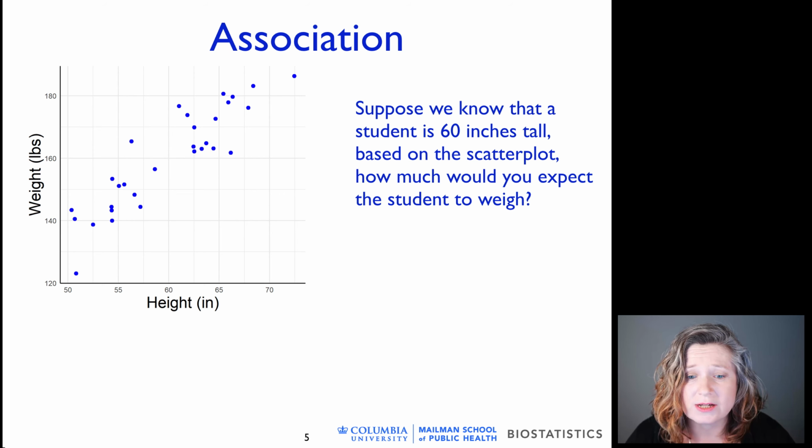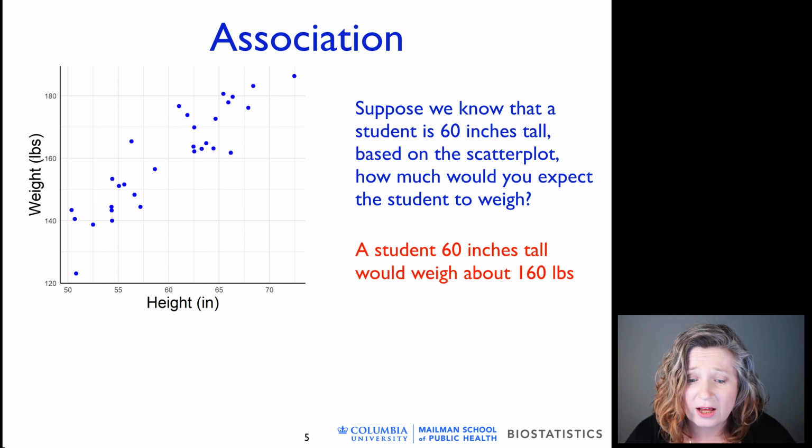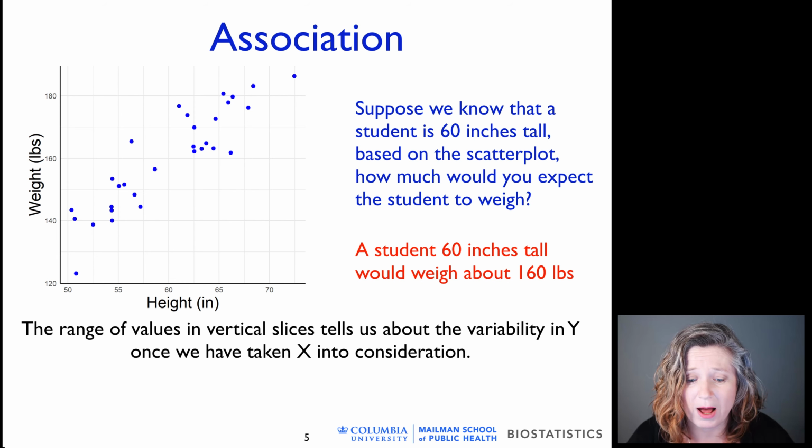For instance, in this example, suppose we know that a student is 60 inches tall. Based on the scatter plot, how much would you expect the student to weigh? If you look at the scatter plot and find height 60 inches, we can go up and see where the 60 inches intersects with the imaginary line in the data, and we can see that a student 60 inches tall would weigh about 160 pounds.